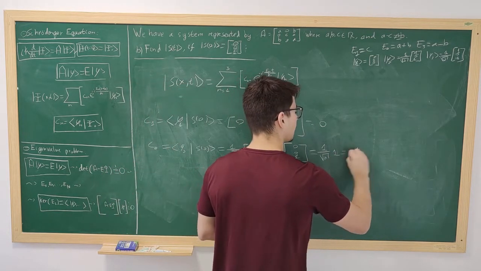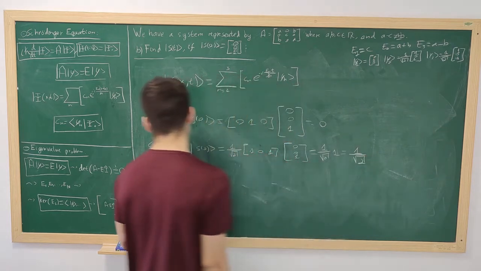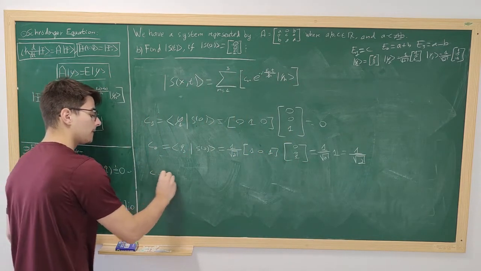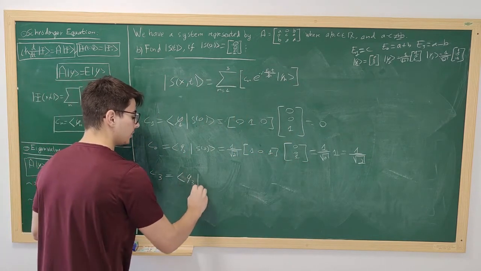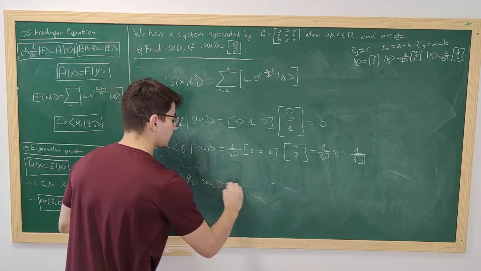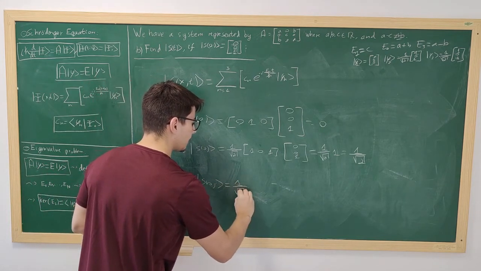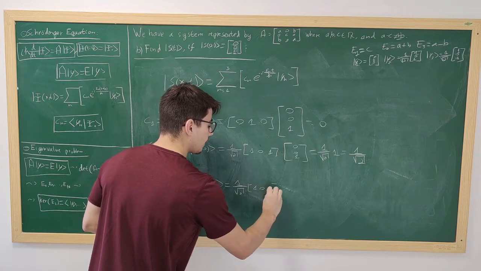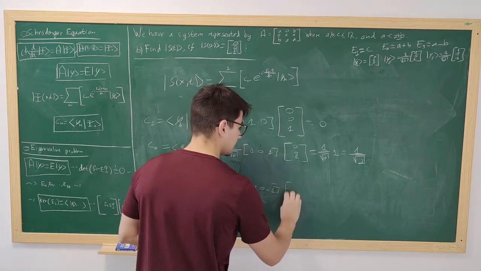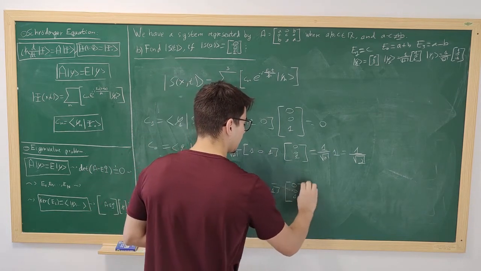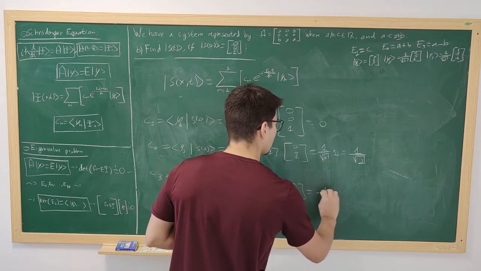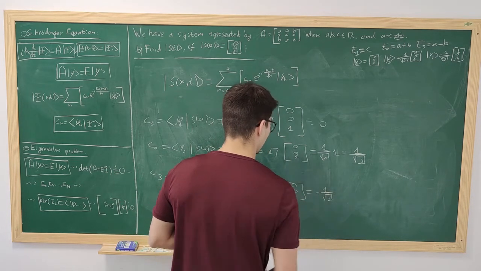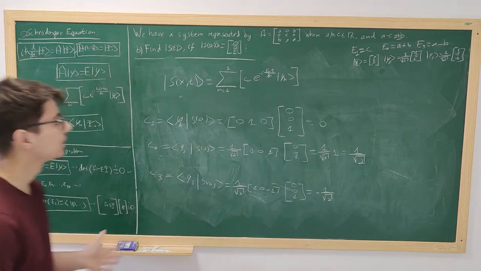So we have that this is C2, and C3 is just phi 3, which is 1 over the square root of 2, 1, 0, minus 1, in this case 0, 0, 1, and this is just minus 1 over the square root of 2, and that's it.